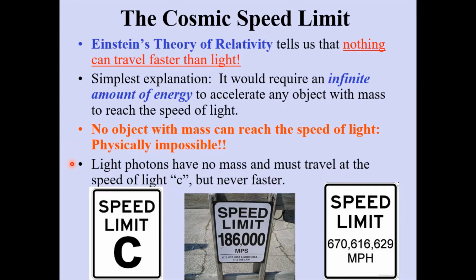Now, light photons have no mass. They're a massless particle, and they must travel at the speed of light, but again, they never go faster. So here are some clever speed limit signs that you might see out in the universe, reminding everybody that the ultimate speed limit in our universe is c, the speed of light.